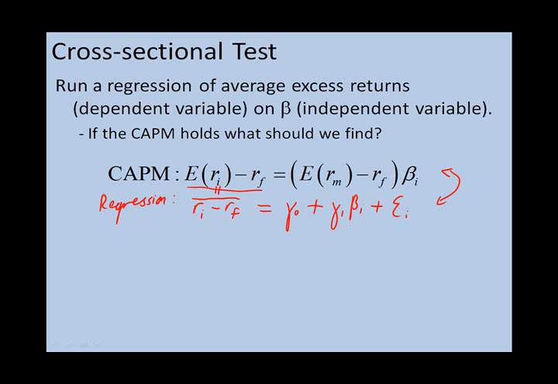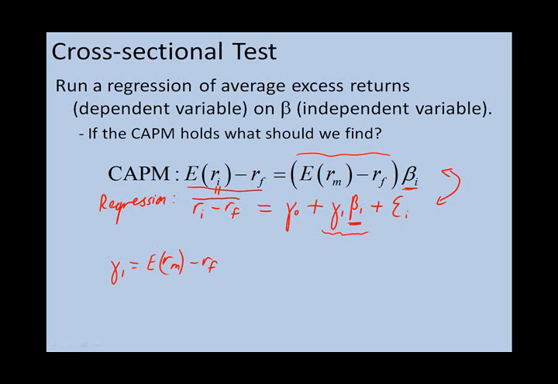We have a beta here, which matches up with the beta i in the CAPM equation. Now, the beta i in the CAPM equation is all multiplied by the expected market risk premium. If we want the regression equation to match the CAPM equation, what should gamma 1 be equal to? Well, gamma 1 must be equal to the expected excess return on the market.